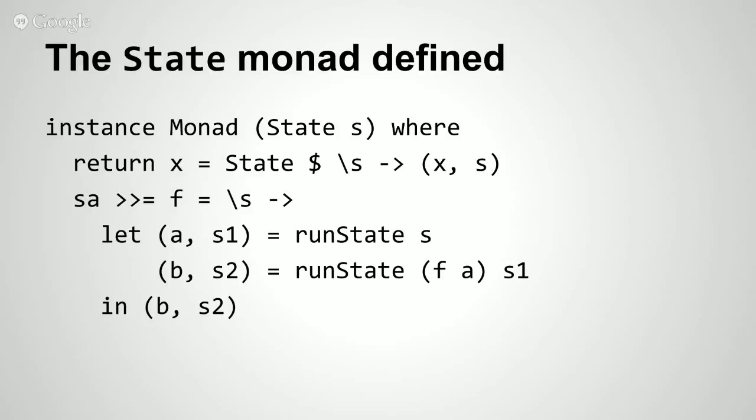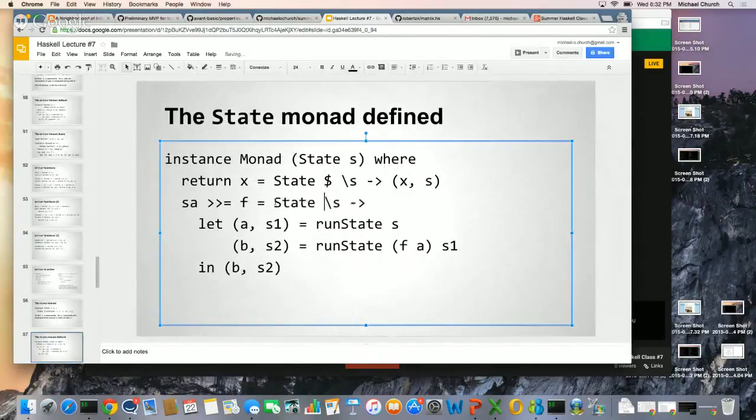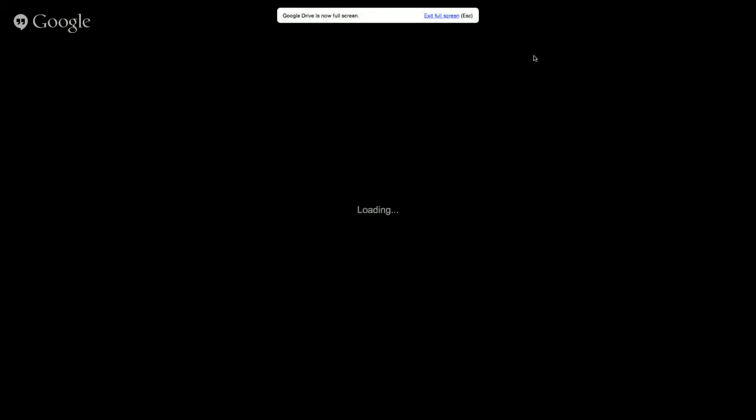Return x doesn't change the state and just returns x. And a stateful action that returns an A, bound into an f, is going to produce, I need to check that, as written this one type checks. And it's going to return a stateful action that takes the state.